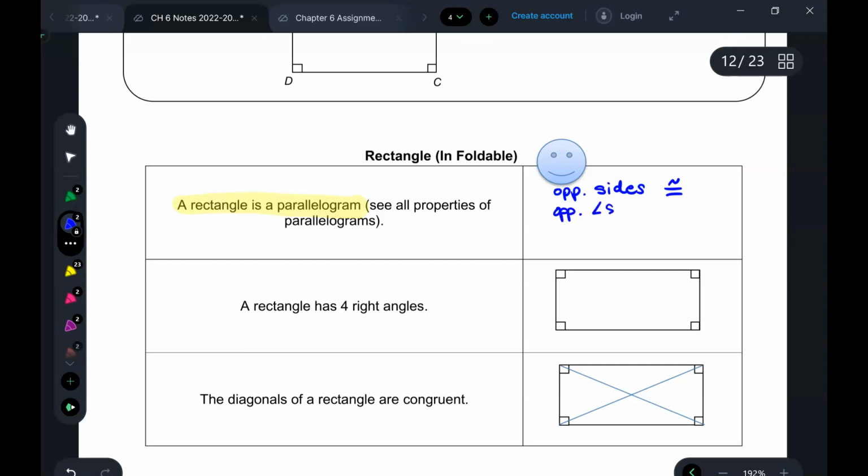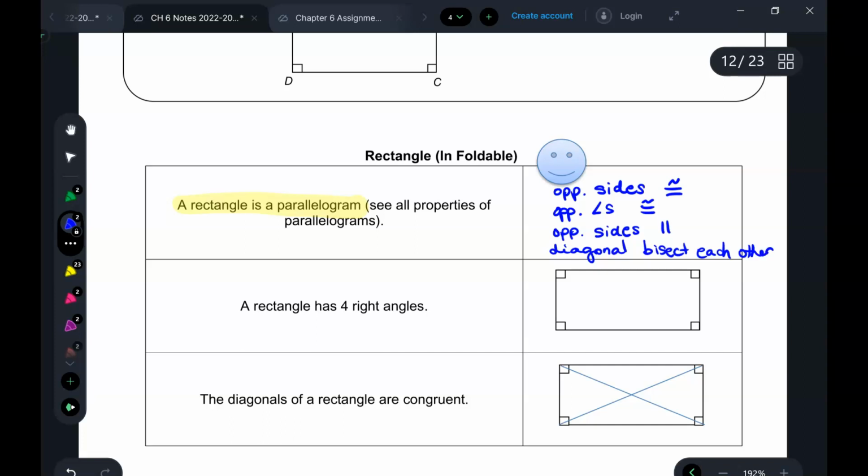Opposite angles are congruent. Also, are the opposite sides parallel? Yes. Opposite sides are parallel and diagonals bisect each other.